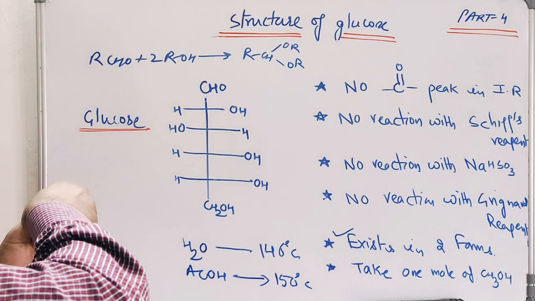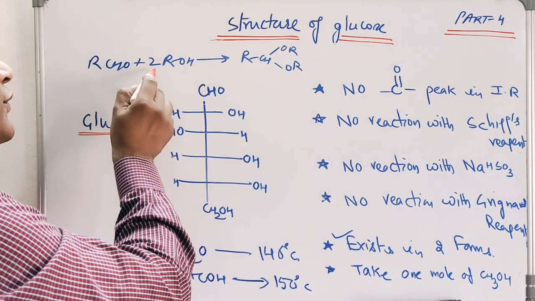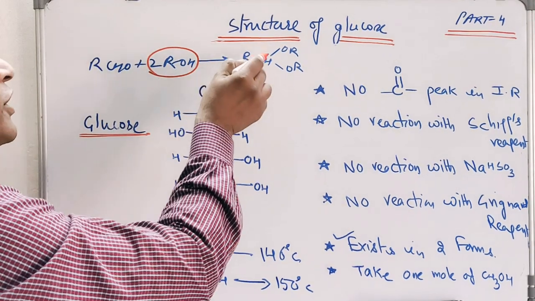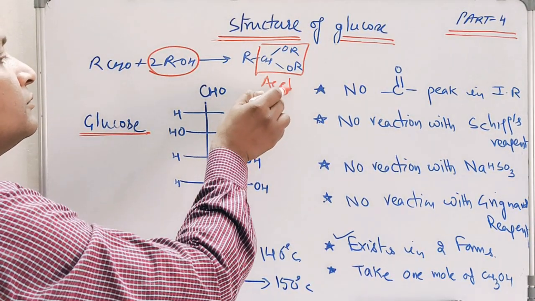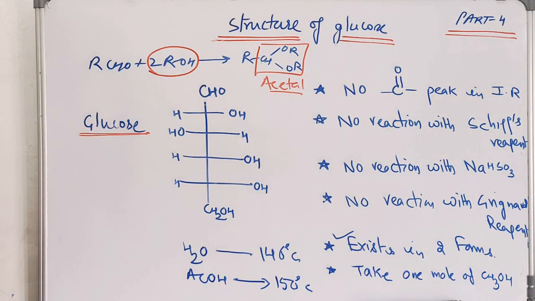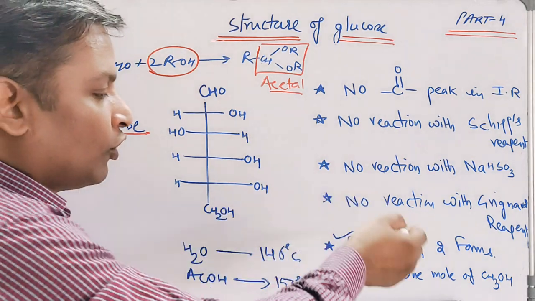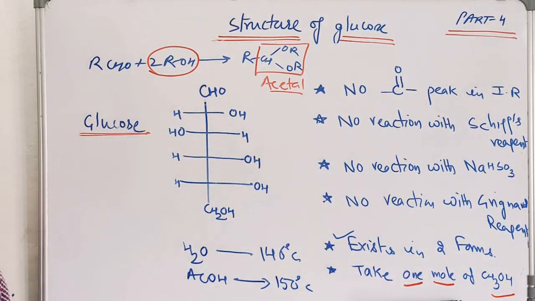As we can see here, if you study the reaction of aldehyde, all aldehydes react with 2 moles of alcohol to give acetal formation. But when glucose was treated with methanol, only 1 mole of methanol was consumed. So it was again doubtful.